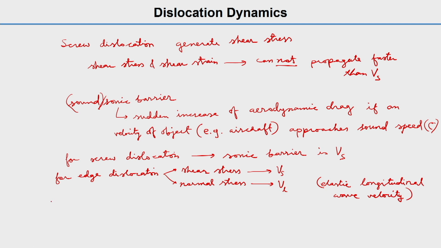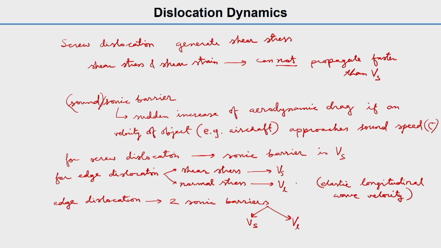So probably edge dislocation has two sonic barriers, right? Maybe the first one is Vs and then Vl.